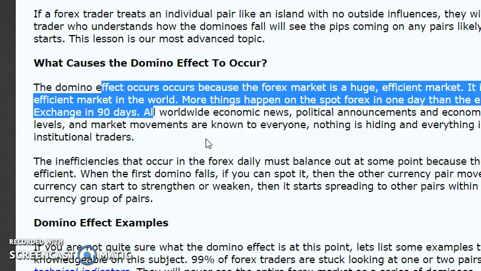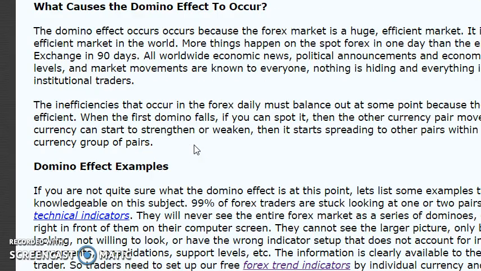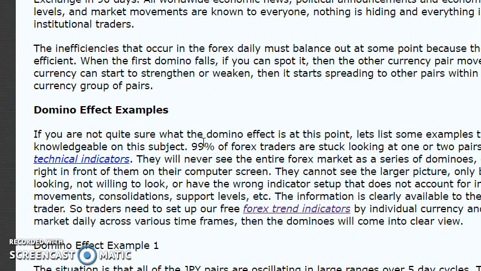So if you have several other British pound pairs start moving up, then chances are the pound USD is going to go up too off support. But you're not going to know any of this unless you're monitoring several GBP pairs or several US dollar pairs. Remember, the pound USD or any other pair is not operating independently of the rest of the market.